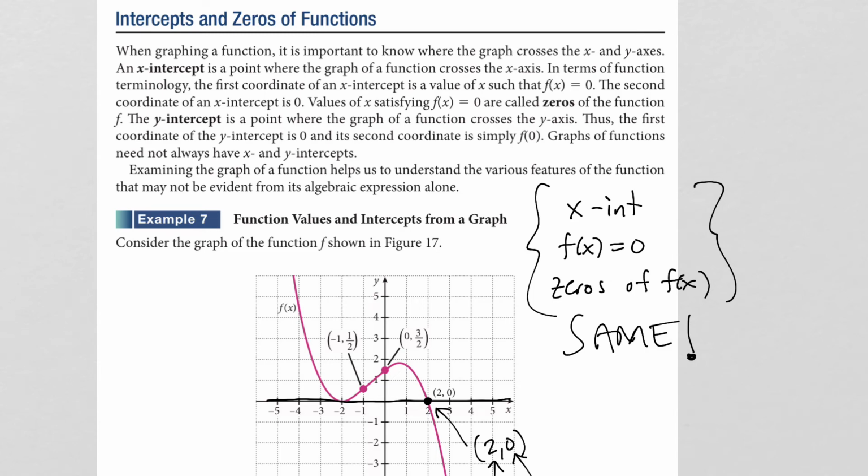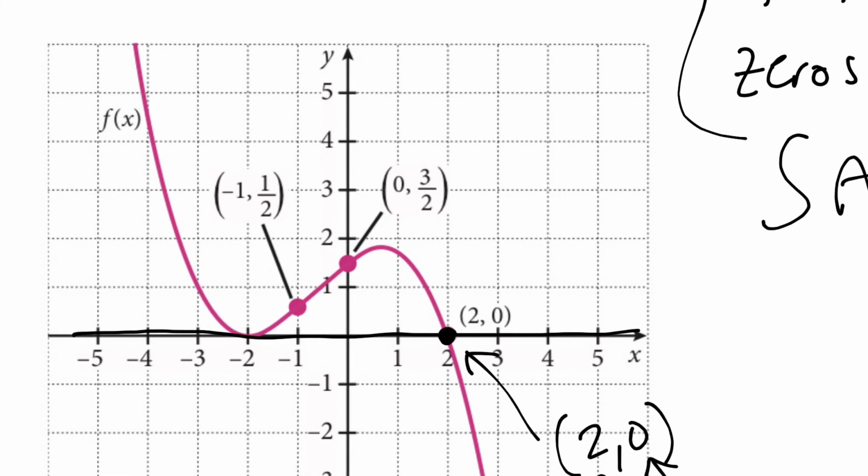All right, now let's talk about the y-intercepts. The y-intercept is a point on the graph where the function crosses the y-axis. So for example, this point right here is the y-intercept because you can see that's where it crosses the y-axis. Notice that the coordinates for your y-intercept are x equals 0, and in this case, y equals 3/2.